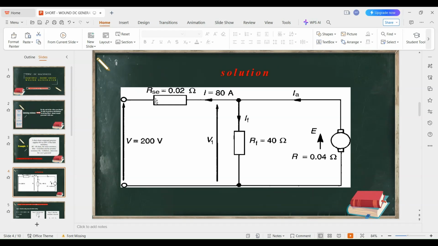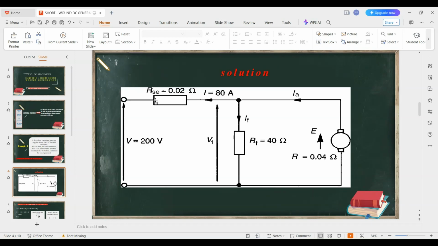When we key this into our calculator, we have 5.04 amperes. This is the field current, the current flowing through the field resistor.